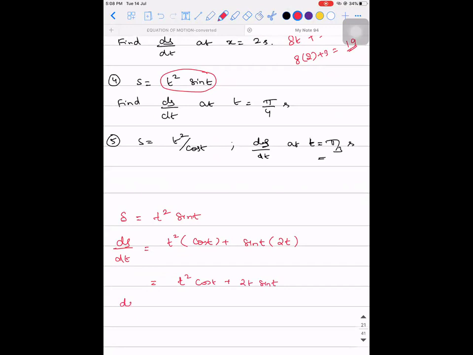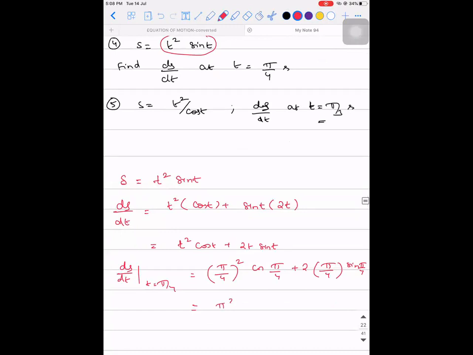So what is the value of t that you need to substitute? ds by dt at t is equal to pi by 4 will be pi by 4 square into cos pi by 4 plus 2 into pi by 4 into sin pi by 4. So that is pi square by 16 into, what is the value of cos pi by 4? 1 by root 2.